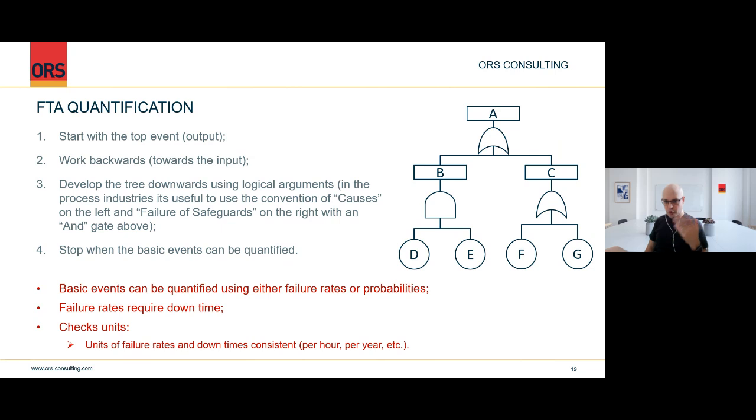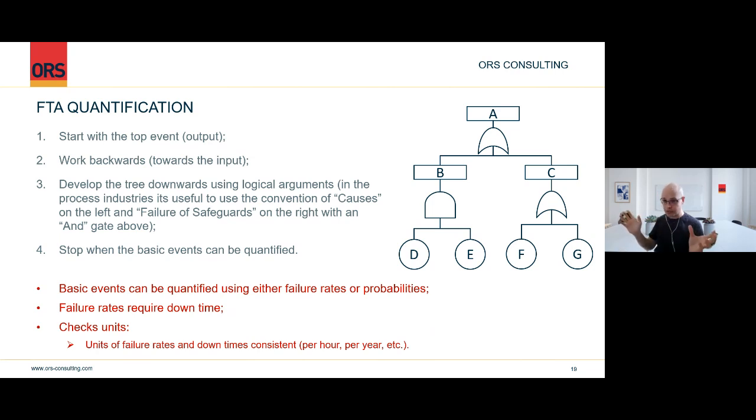So to develop the fault tree, you normally start at the top, right? And you work backwards because you know what the end result is. You know what the end event is. It's an overpressure, for example. And then you say, well, for this overpressure to happen, maybe I need the causes and the safeguards to fail at the same time, right?